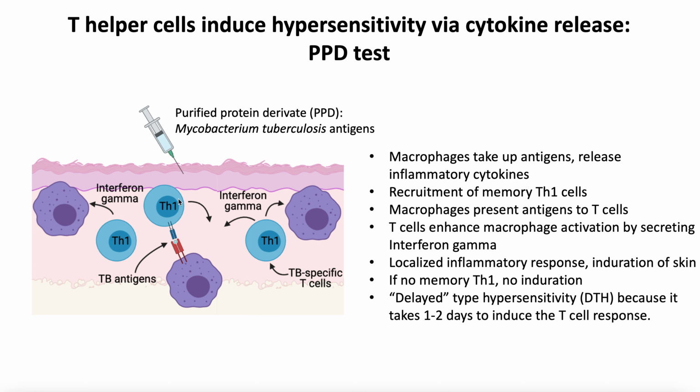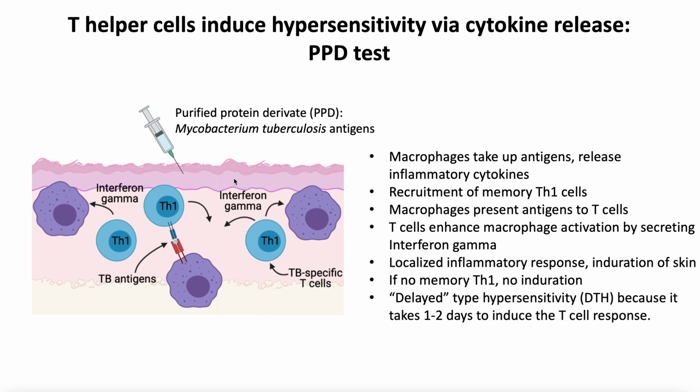These macrophages can then present these antigens to these memory Th1 cells that migrate into these tissues, and these T cells will make interferon gamma, which in turn enhances the activation of the macrophage, and this leads to a localized inflammatory response and induration of the skin.